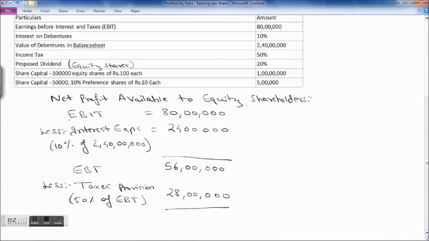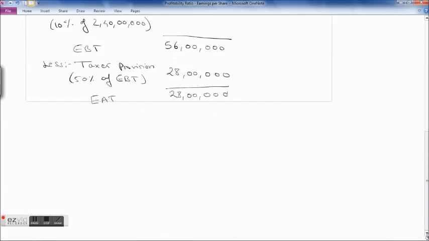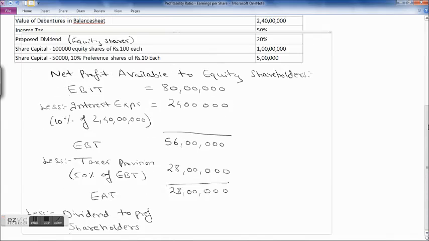Then EAT, earning after taxes, is 28 lakhs. Now we need to find out the net profit which is available to equity shareholders. Before that, we have to reduce the dividend to preference shareholders. How much is the dividend to preference shareholders? 50,000 10% preference shares of rupees 10 each, so 5 lakh, with 10% dividend.